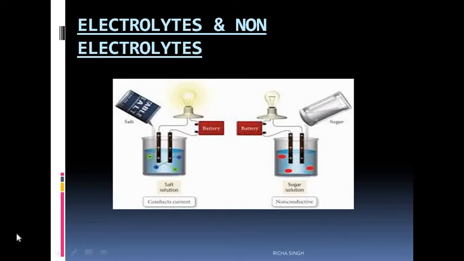So by this you can get an idea that an electrolyte is a substance which gives ions, or an electrolyte can also be defined as a substance which conducts electricity when dissolved in water or when it is melted. So here in this picture, which is the electrolyte? Table salt is an electrolyte and sugar is a non-electrolyte.